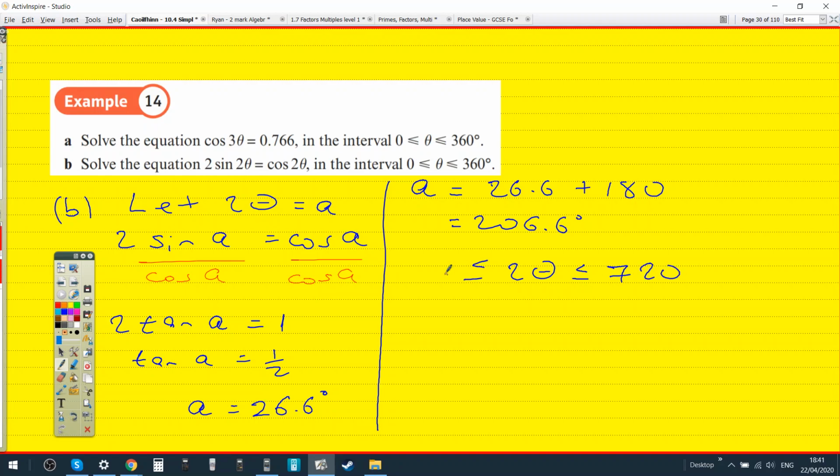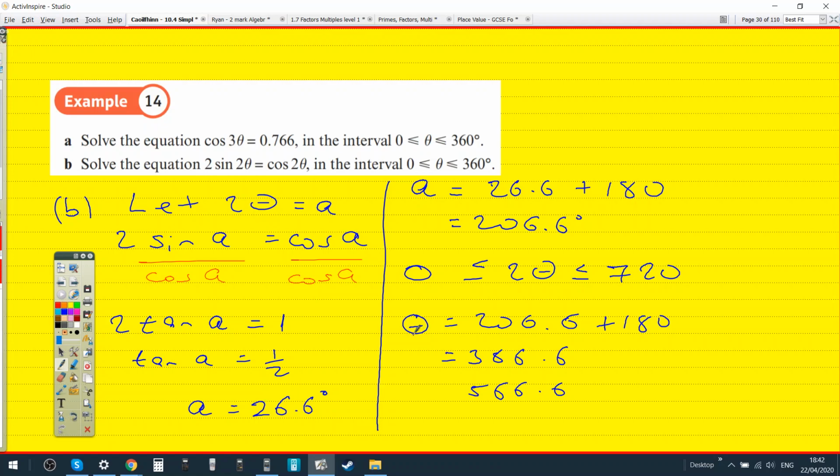So we add 180 to 206.6, which is 386.6. And then add 180 is 566.6. And if we add 180 again, it goes outside our range. Okay.